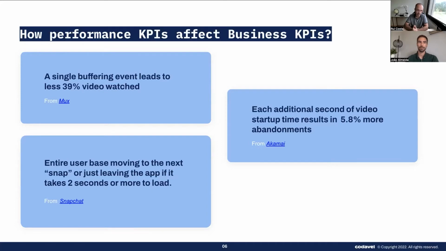And so now think that if this is a snap of a friend, this is not very critical, although it affects your user experience. But now think that you're trying to provide an ad to your user to monetize that user session. If that ad takes too long to load, the user will move on, meaning that you won't be able to monetize that user session.